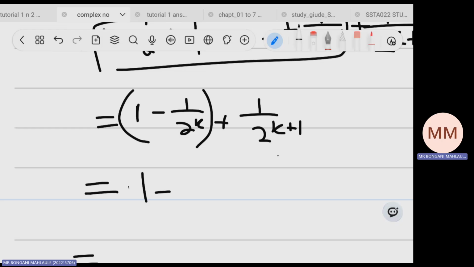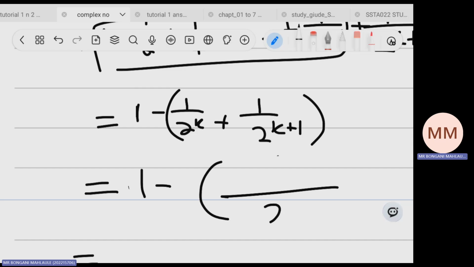If I group not these two, but the ones that don't have a constant, these two, this will be all over 2k plus 1. This was going to give us 2 plus 1.